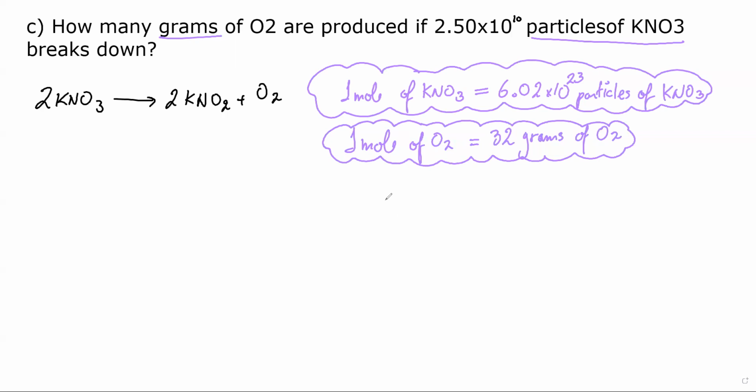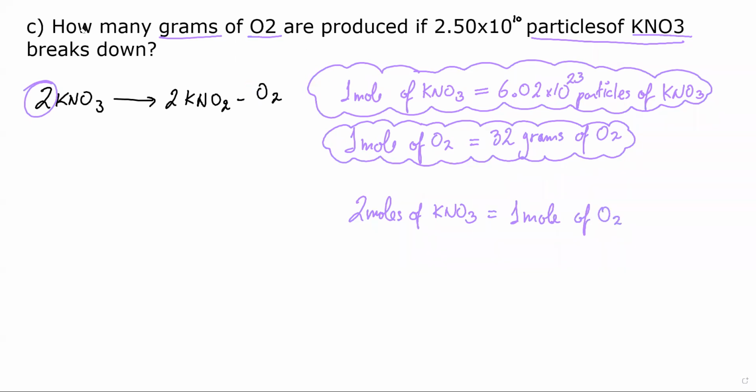What's another conversion that we need? We want to convert O2 to KNO3, right? So KNO3 and O2, what is the relationship? 2 moles of KNO3 produce 1 mole of O2. All right, perfect.